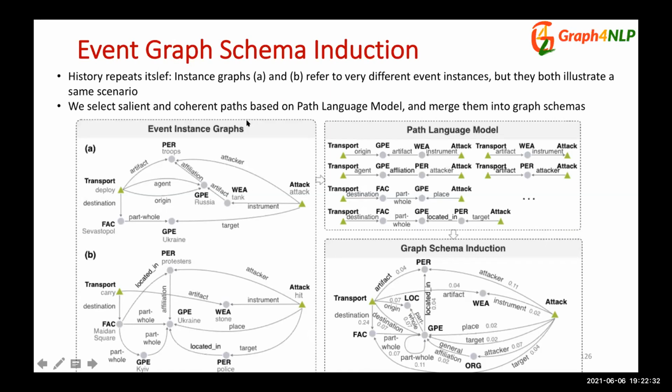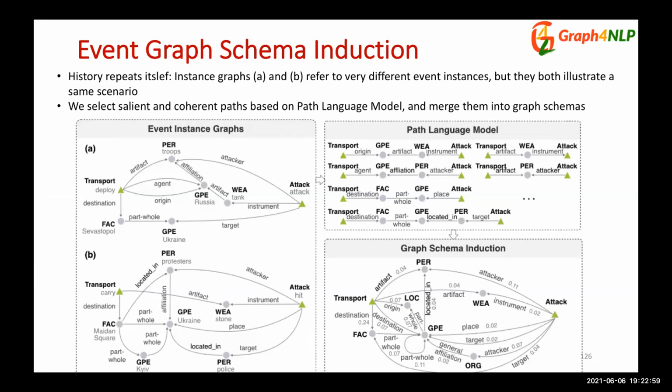So for example, if you look at all the paths between these two event types, maybe we can rank them based on some criteria. So the first criteria we should consider is salience. If this path appears very frequently, we should consider that as part of the schema. And the second criteria we should consider is discriminativeness, which means this path should be salient for this particular scenario, right?